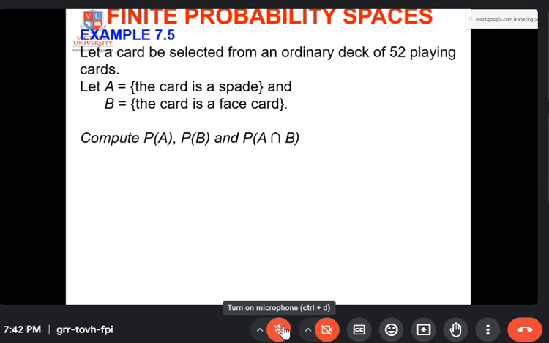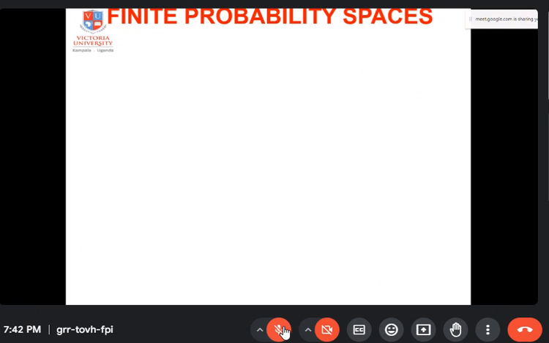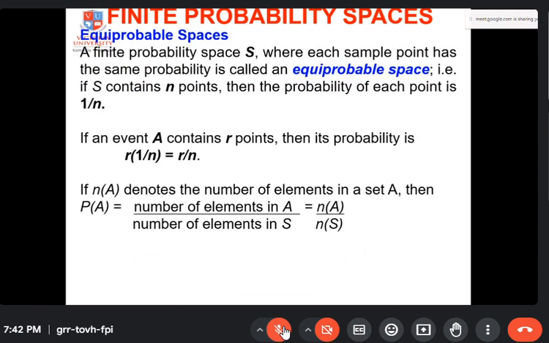So we are trying to add up. No, you don't have to add up. The probability of A is very simple. The formula says the number of elements in A over the total number of elements in the sample space.